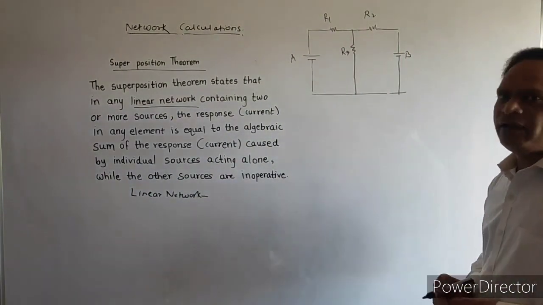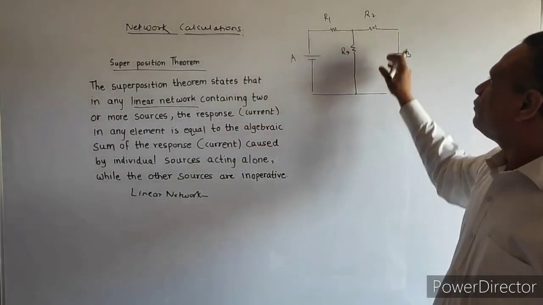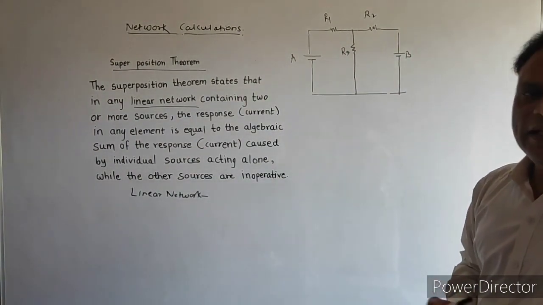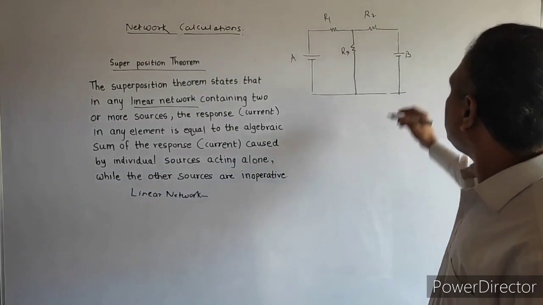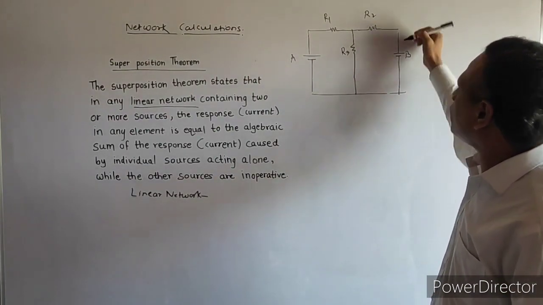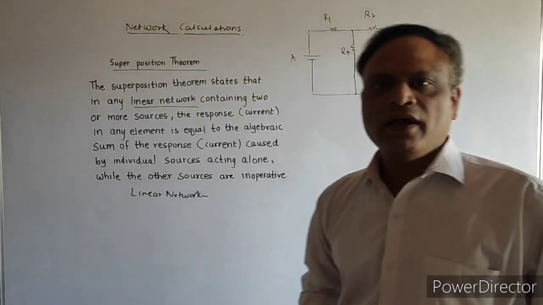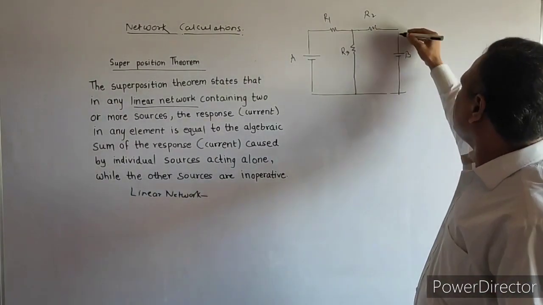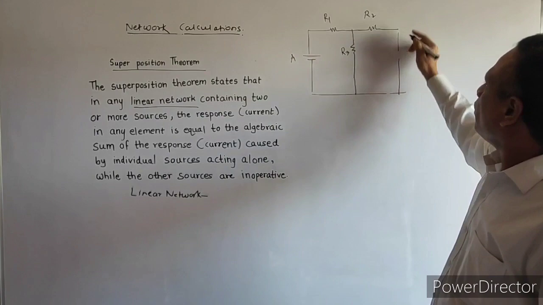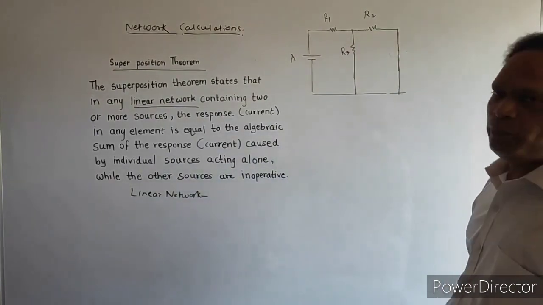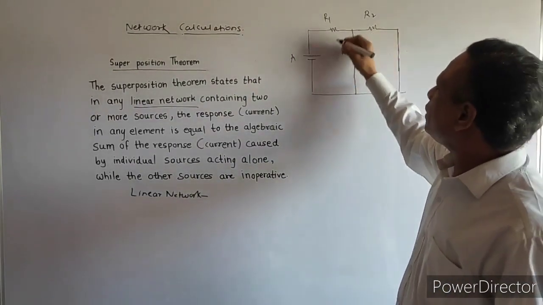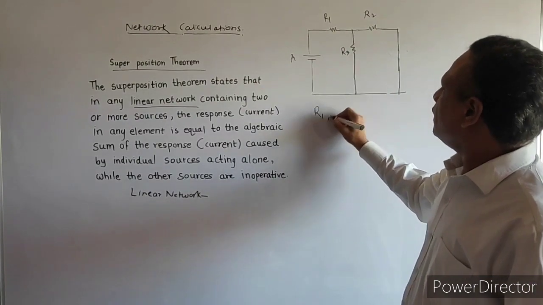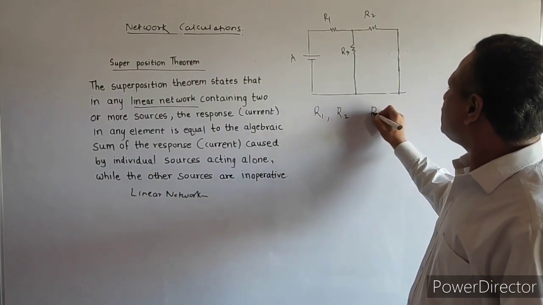Now you have to calculate the current flowing through each resistance by shorting the other source. If it is a voltage source, we have to short it, and if it is a current source, we have to open it. So in the first case we have to short this voltage source B, and find out the current through resistance R1, R2, R3.